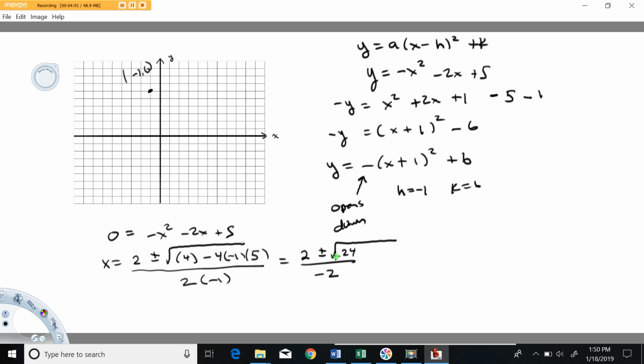All right, so root 24 is not a nice, easy example. I think what I'll do is just get a couple of decimals out of this here. This square root is approximately 4.89. Let's just use 4.9. So this is going to be 2 plus or minus 4.9 over negative 2. Let's get a couple of values here.